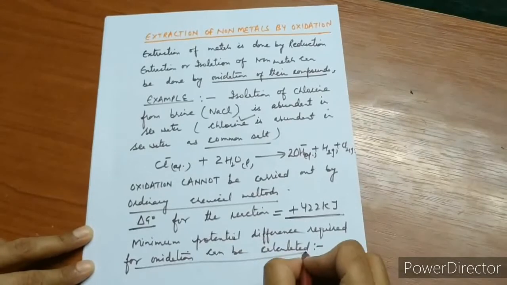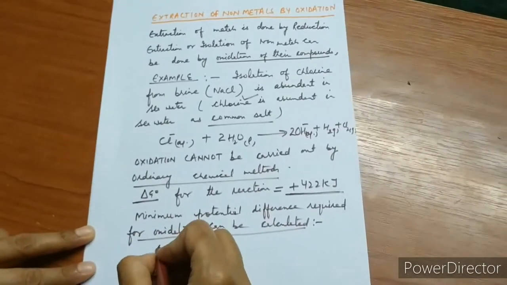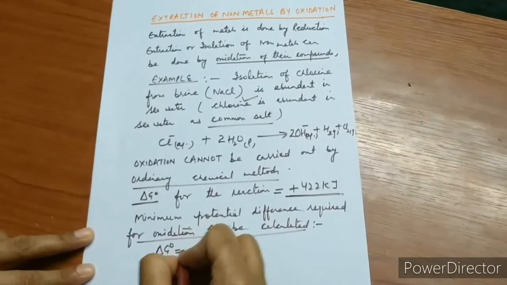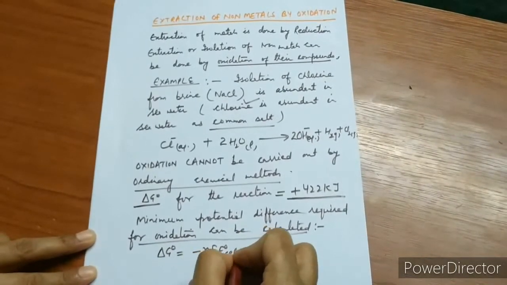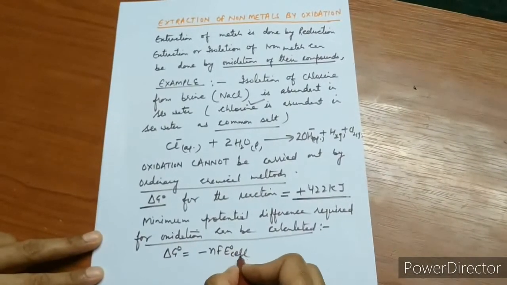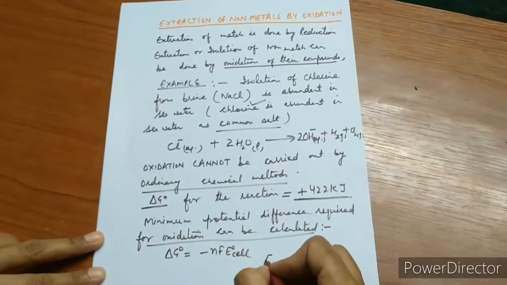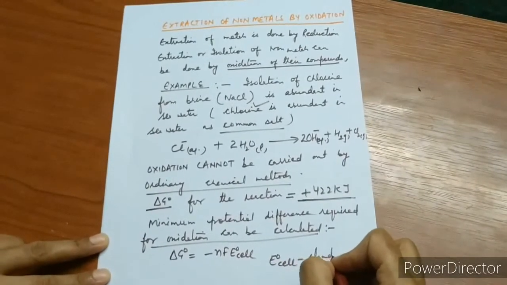How can this be calculated? We know that delta G naught is equal to minus nFE naught of cell. This is the relationship between Gibbs energy and E naught of cell. E naught of cell means standard electrode potential.